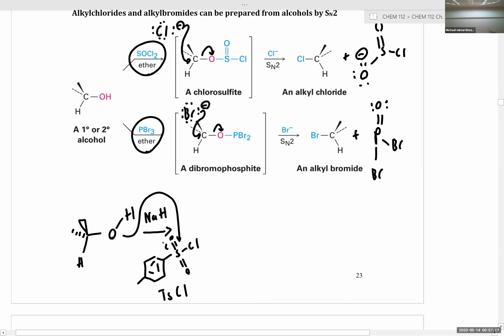You end up with a substitution, and you generate your activated tosylate. So this is abbreviated as OTs.